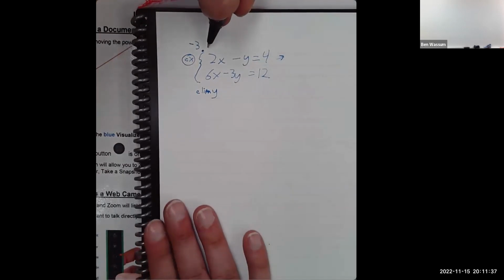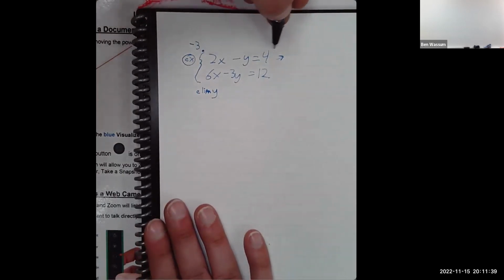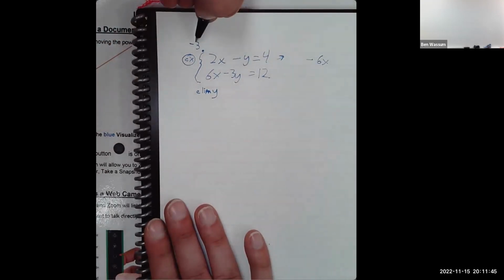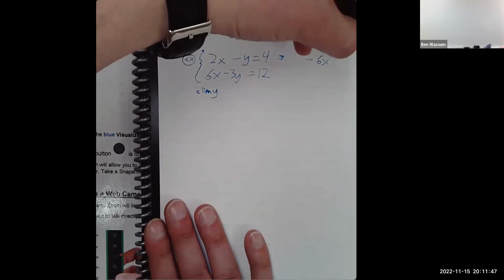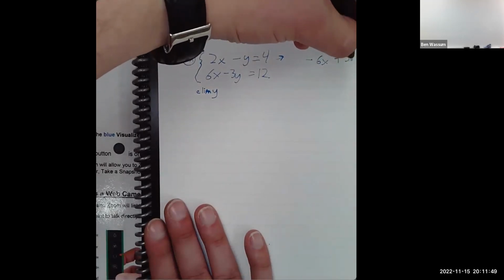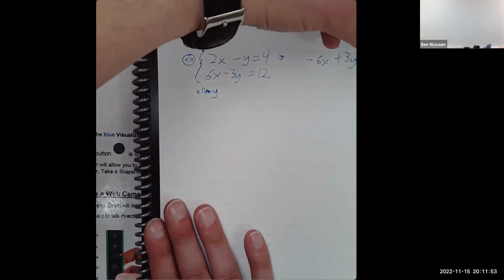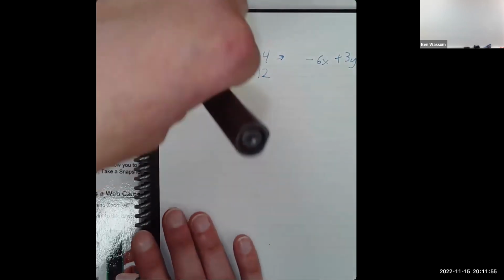So you multiply the -3 through this entire line: -3 times 2x is -6x, -3 times -y is +3y, -3 times 4 is -12.